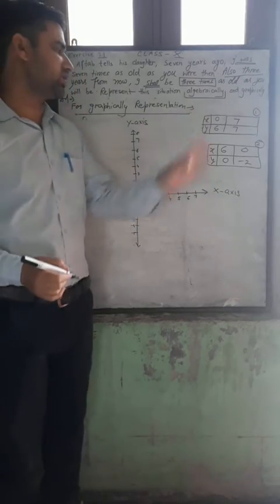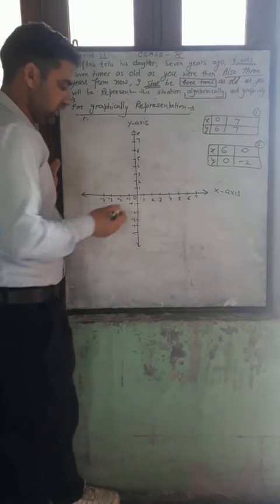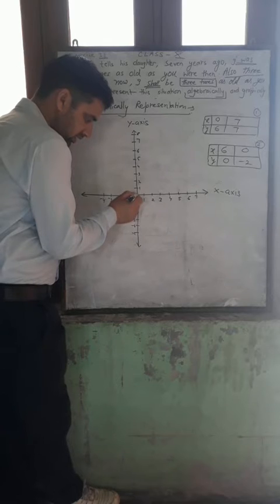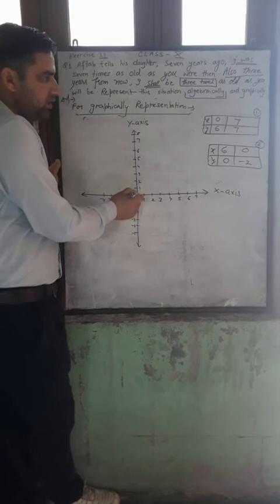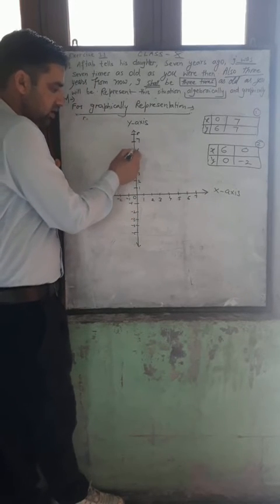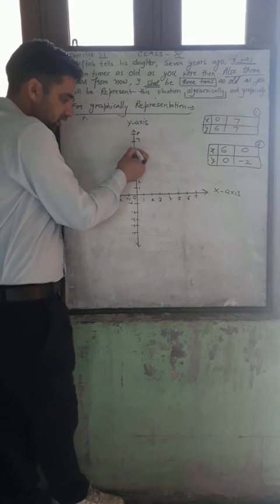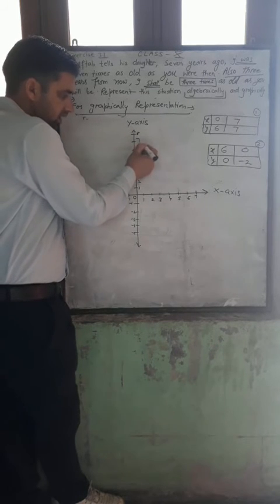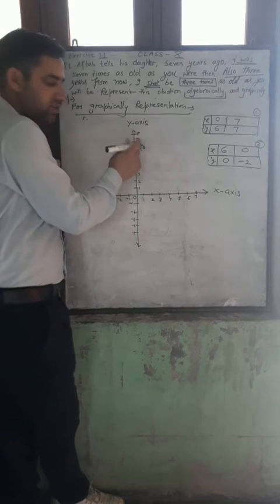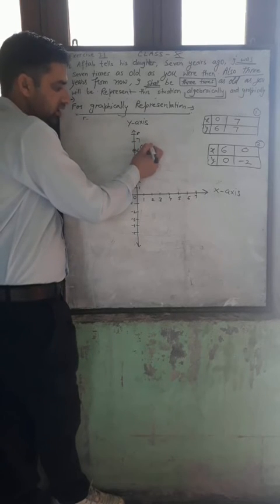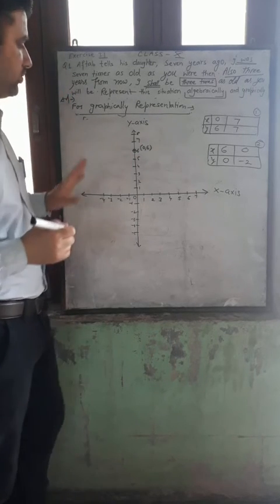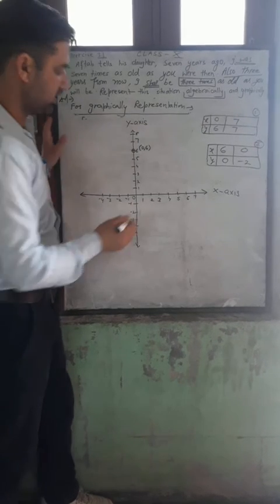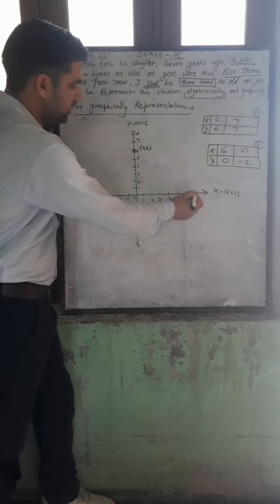Now from equation 1, when x is 0, where is x 0? On the origin. There x is 0. Then y is equal to how much? 6. Here. So we write a point here. We always write x first. x is 0, y is 6. This is the point. Now when x is 7, y is also 7.